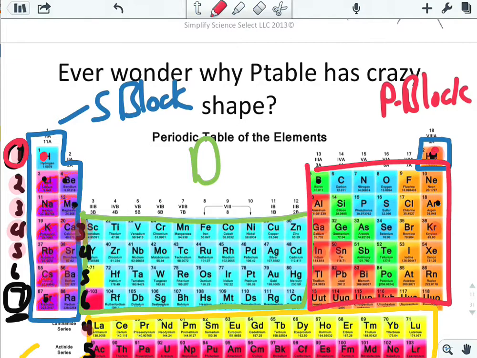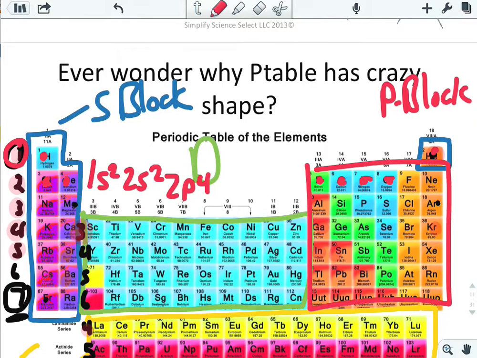So we have our 1s2. And then we keep going. We have 2s, 1, 2, 2s2. Then keep going over here. Remember that's the P block, and 1, 2, 3, 4. So we have 2p4. That's our electron structure for it.